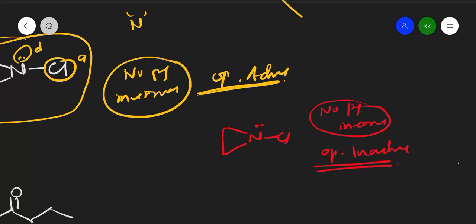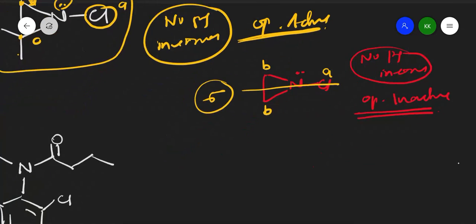The reason is it has got plane of symmetry. Right. So this chlorine, nitrogen, and like this the plane passes. And here if you see the adjacent ones, this chlorine is A, here it is B, this is also B. So the substitutions are not different, four substitutions present on nitrogen, right? So because of which it will be having some symmetry element, here it is plane of symmetry, so such compounds will be optically inactive, right?